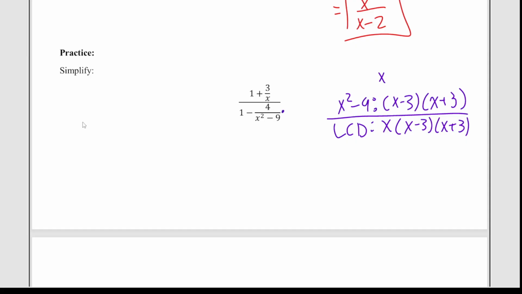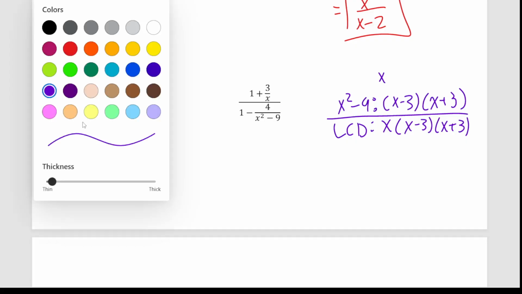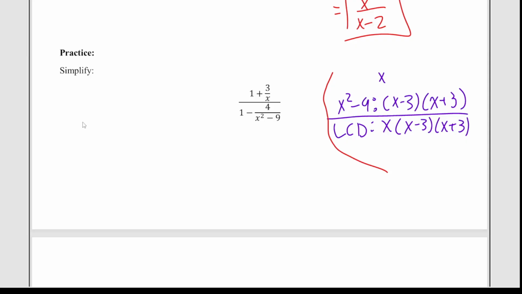So I'm going to take this, and let me actually write this in a new color. First term times x minus 3, x plus 3. Second term times x minus 3, x plus 3. This term times x minus 3, x plus 3. And this term times x minus 3, x plus 3. So x squared minus 9 is the same thing as x minus 3, x plus 3, so that's going to cancel and make 1.